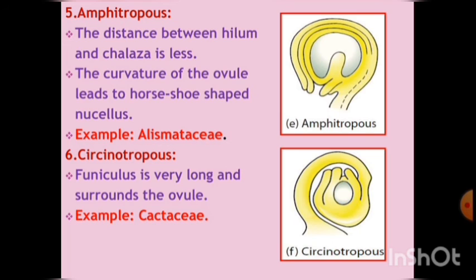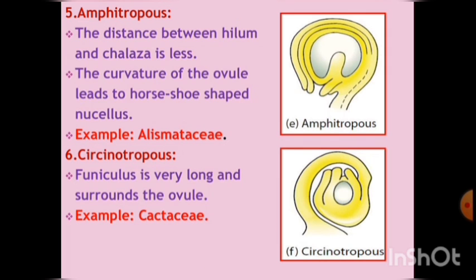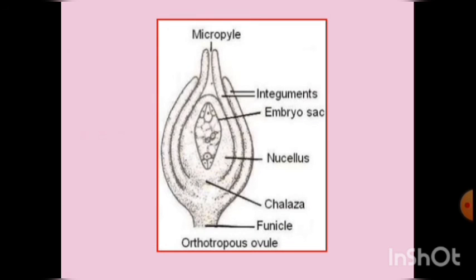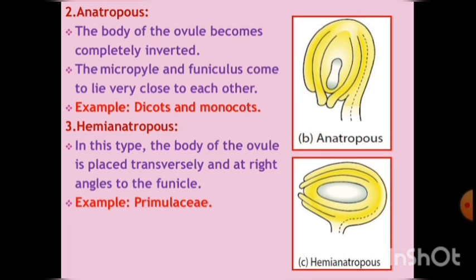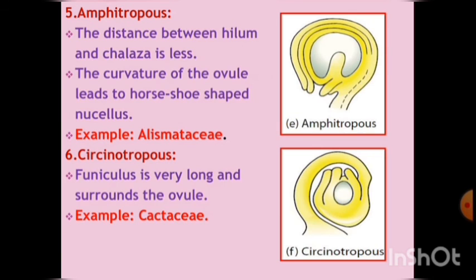Once again, orthotropous ovule, anatropous ovule, hemianatropous ovule, campylotropous ovule, amphitropous ovule, and circinotropous ovule.